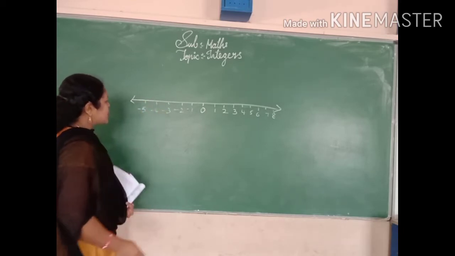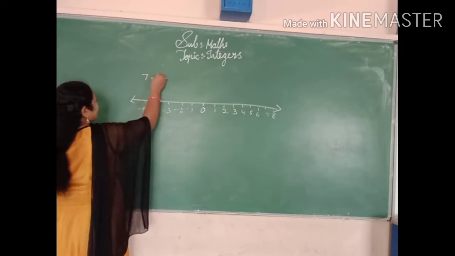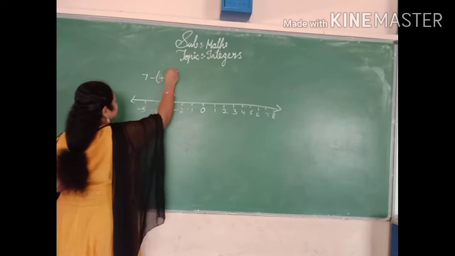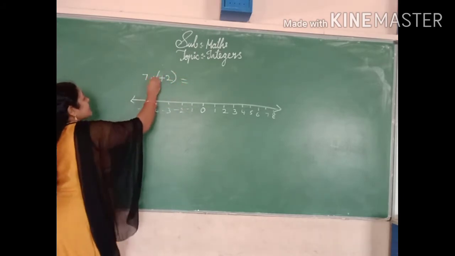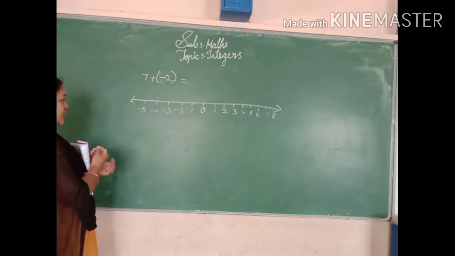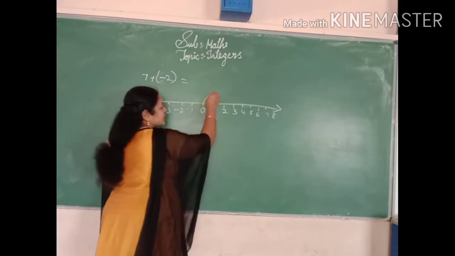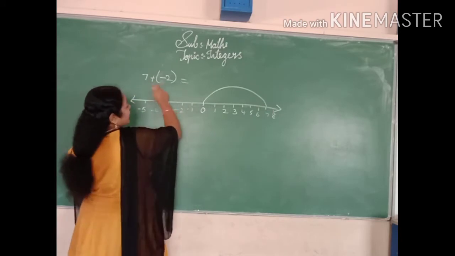So if our question is 7 plus minus 2. Let us put it in this way. Where is our 7? We have to write 7 plus minus 2.